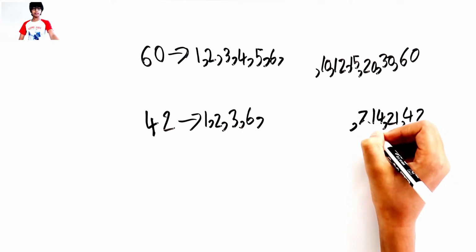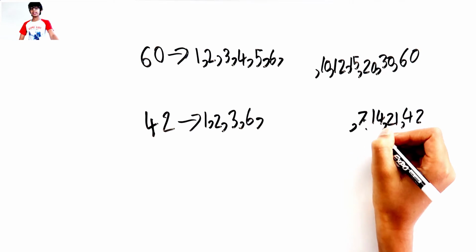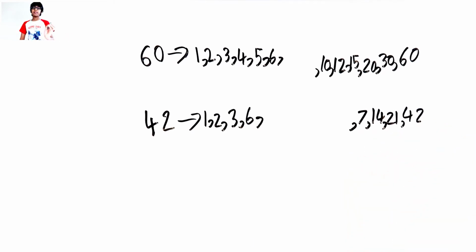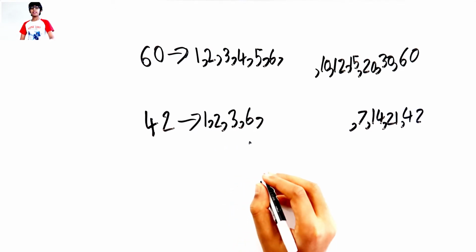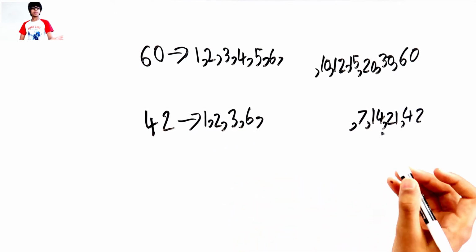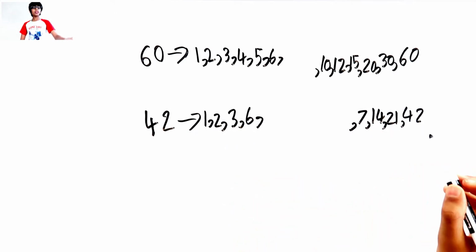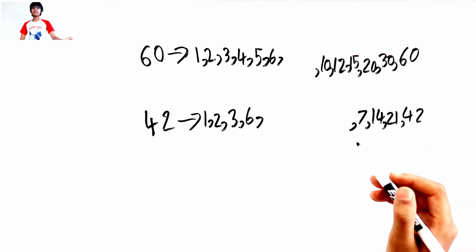We already used it here. That means that's it. The factors of 42 are 1, 2, 3, 6, 7, 14, 21, and 42.